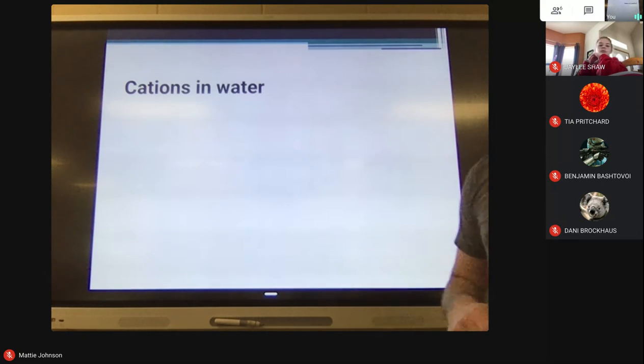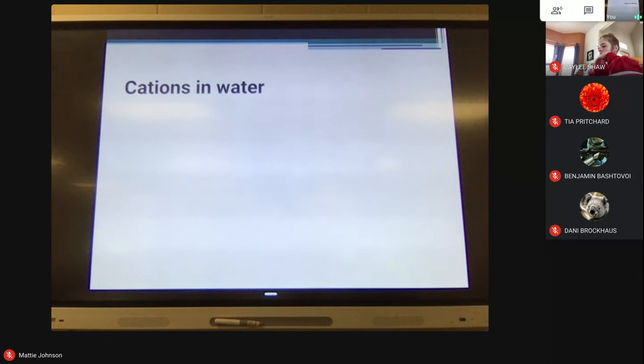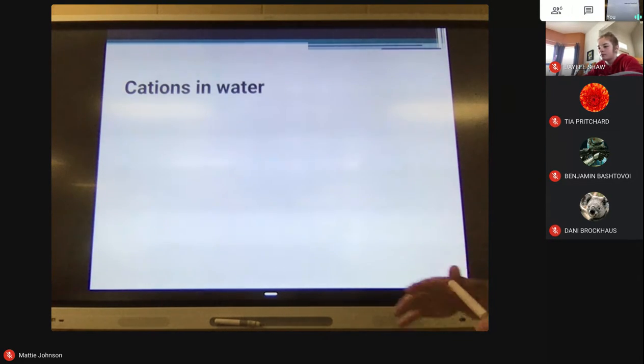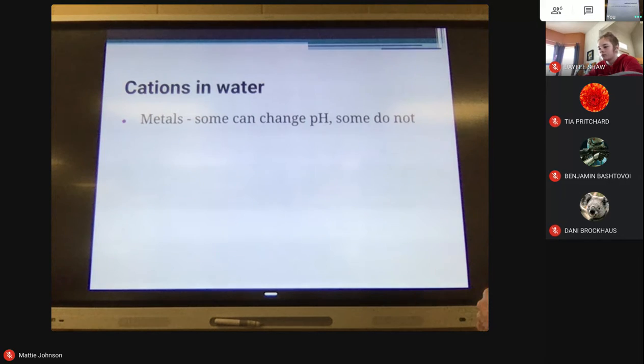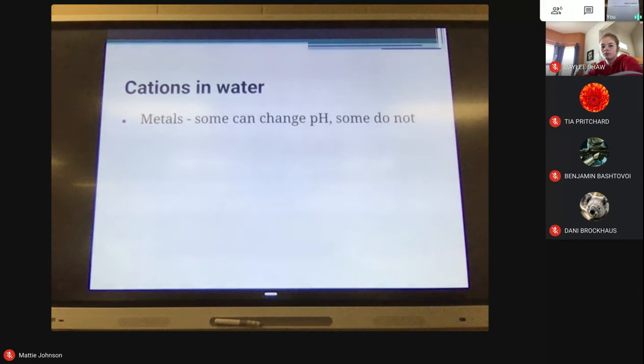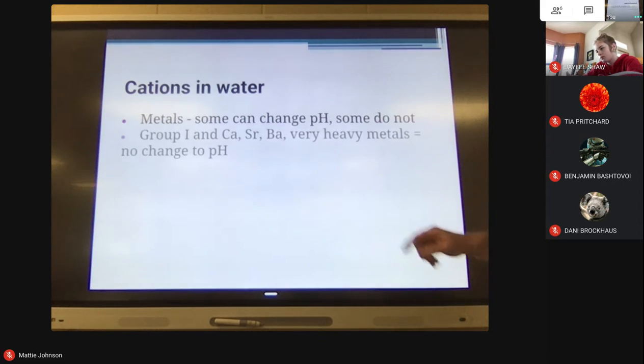Okay, let me talk about the cations in water real quick. The cations in water would be the positive charged things. Cations in water, you can have some metals that can change the pH and some do not. I'm not going to go into too much detail. I'm going to give you a couple of metals that can make the pH more acidic. Here's the ones that don't change the pH.